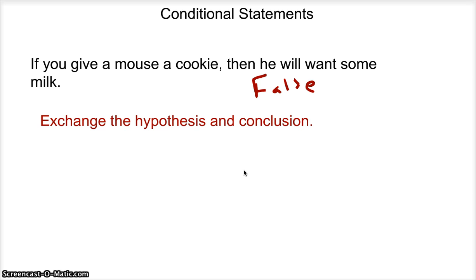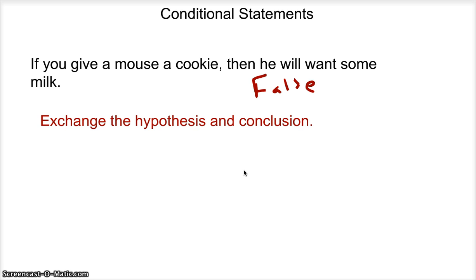Okay, on this flap it was the converse. Notice on this one we wrote Q, then P. So on this one, the converse is when you exchange the hypothesis and conclusion. So that's why the Q and P switched places.